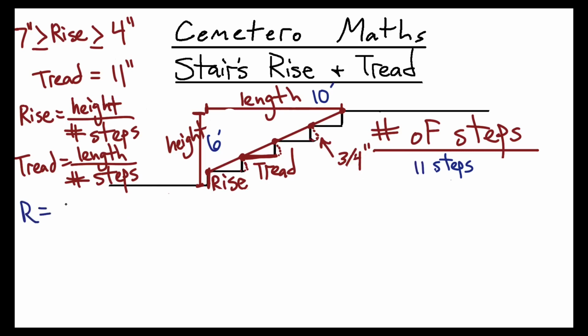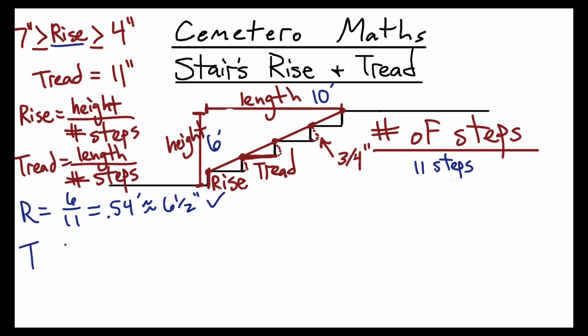So our rise will be 6 feet over 11 steps, which is 0.54 feet, which is approximately 6.5 inches. So that's good. That checks out. 6.5 is between 7 and 4.